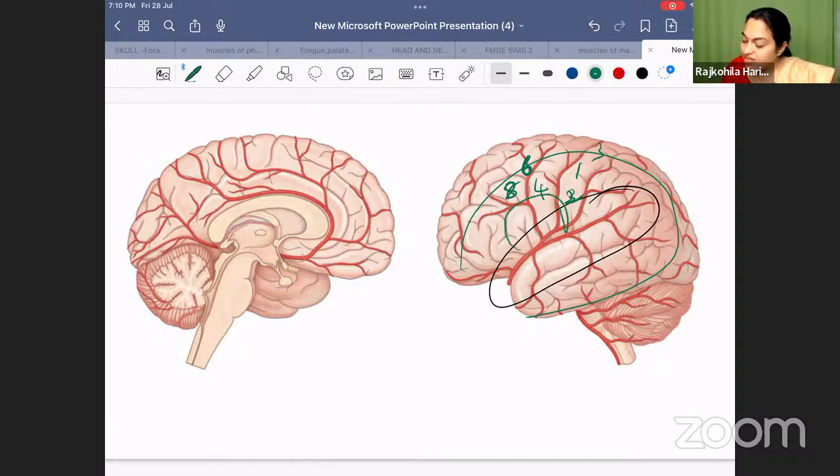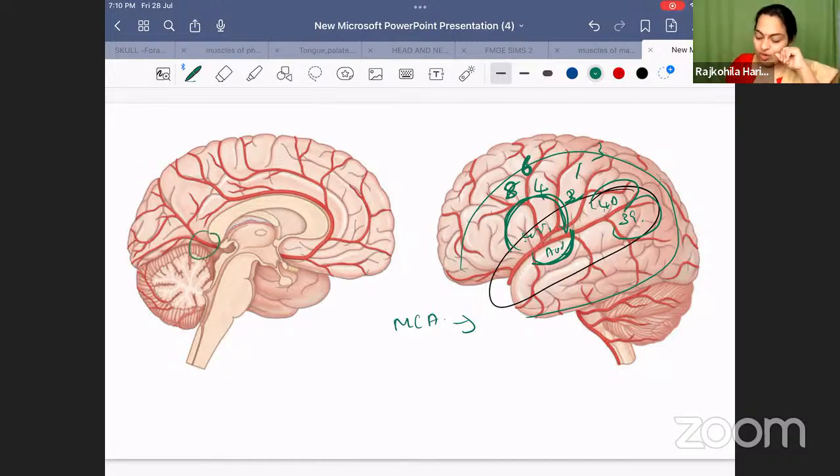And your motor speech area, the Broca's area 45, 44, the primary auditory cortex, and then the sensory speech area 40 and 13 and Wernicke's area. So the middle cerebral artery mainly supplies these functional areas. Occlusion of the middle cerebral artery, if it is on a dominant hemisphere, can produce a global aphasia, right?